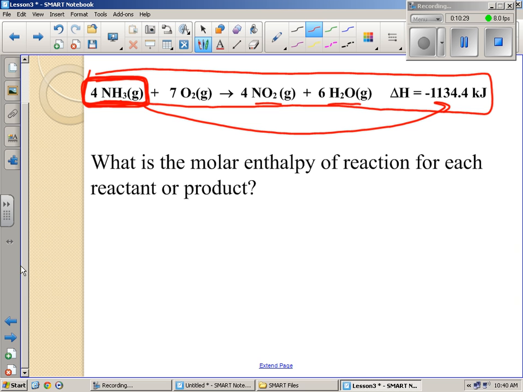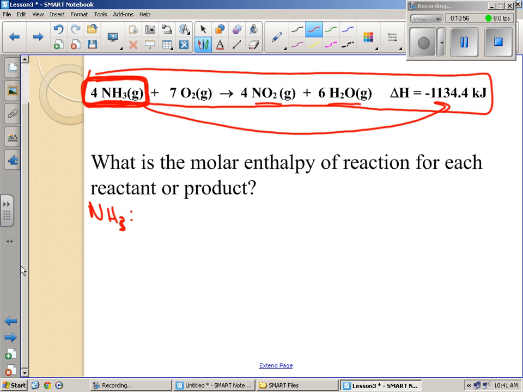That's what molar enthalpy is, kilojoules per mole. How many kilojoules do I get if I just burned 1 mole of NH3? You can use a formula for this, whatever you want. I'm going to do NH3 here, starting with the formula, and then I'll show you another way you can do this as well if you want. I don't care.